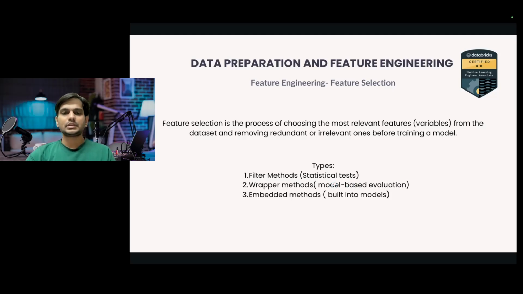The next type is the embedded method, which is built into models. That means some feature selection happens during model training itself, in the last step. Here there is something called lasso regression, L1 regularization.